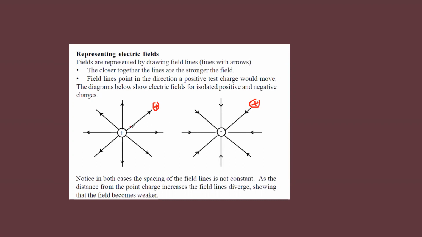The distance between the field lines shows the strength. Here, because the distance is small, it means a stronger electric field. As the distance between the field lines increases, it shows that the field is getting weaker. Copy this as well.